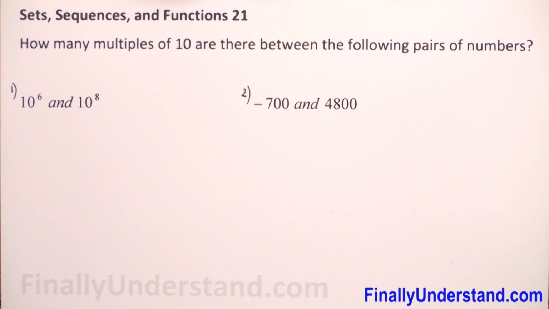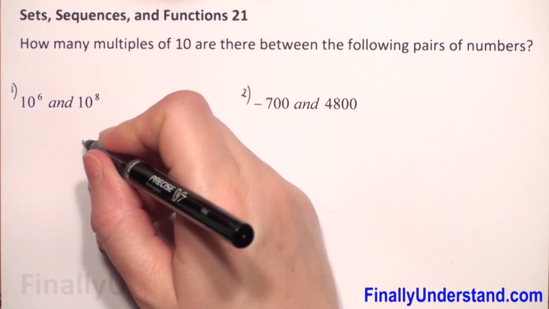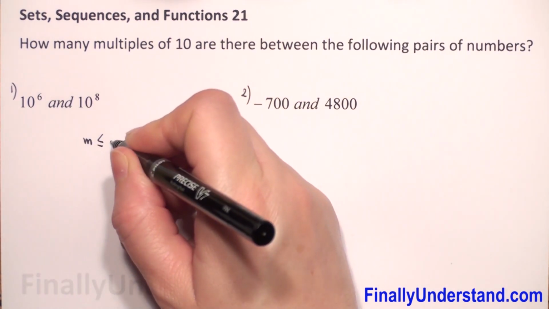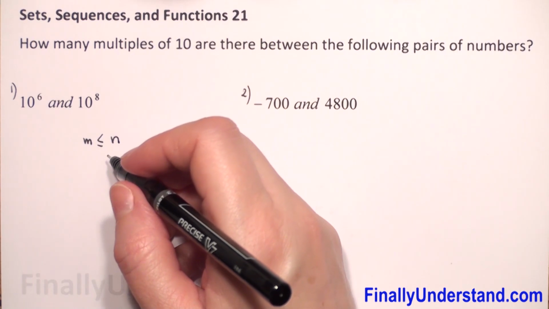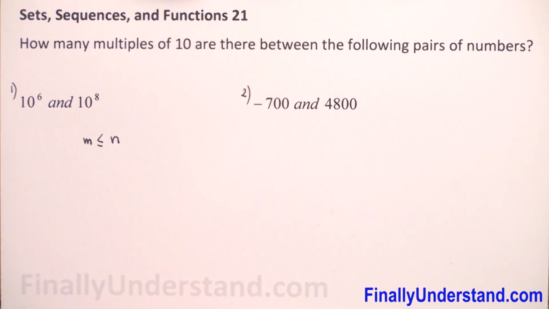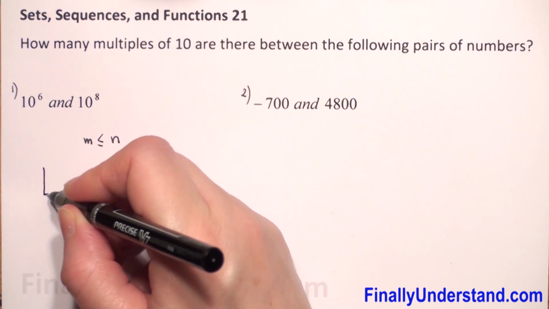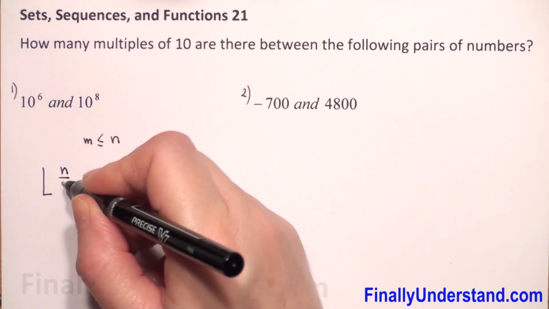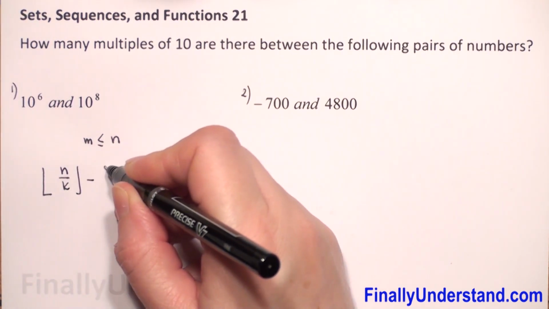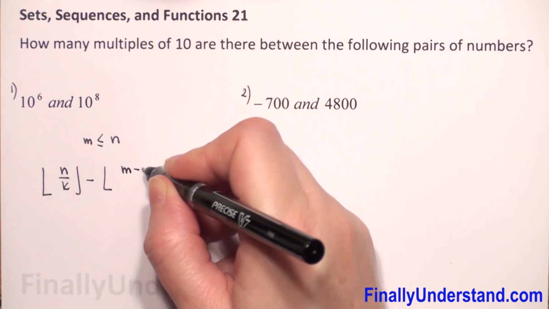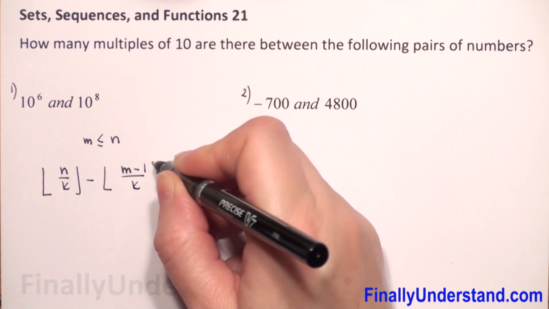So first let me remind you the formula when we have to find the number of multiples of k between m and n, and m is less than or equal n, then the number of multiples is equal to floor of n over k minus floor of m minus 1 over k.